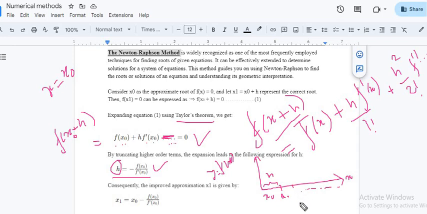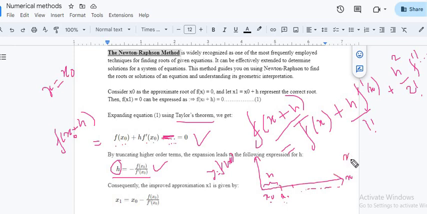So h is a constant and fixed for a particular function when you are solving. We just considered the function at x equal to x0.